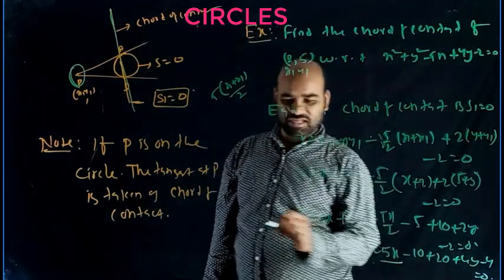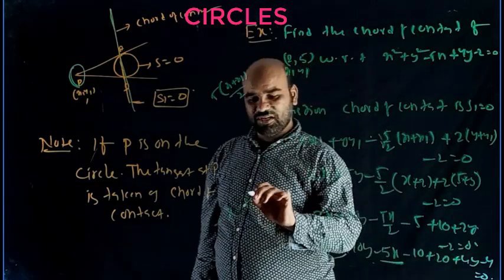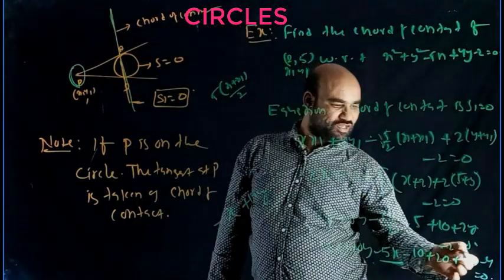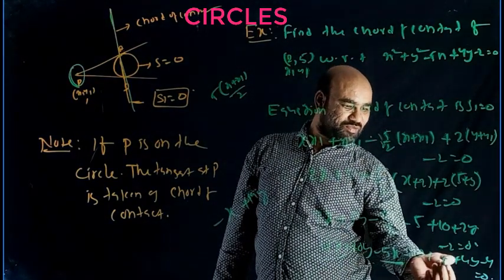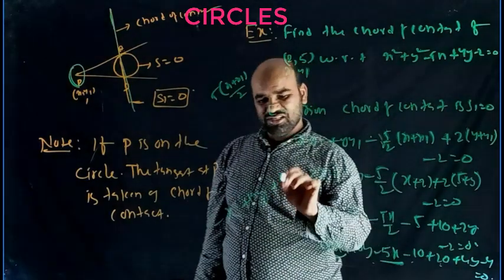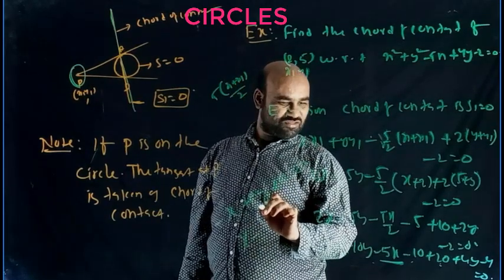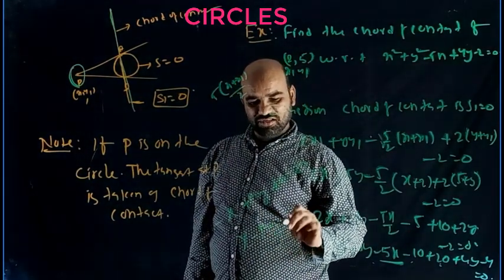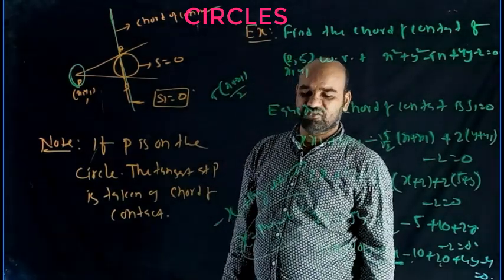This is minus x, 10y plus 4y gives 14y, and the constants give 6. So x minus 14y minus 6 equal to 0 is the equation of the chord of contact.